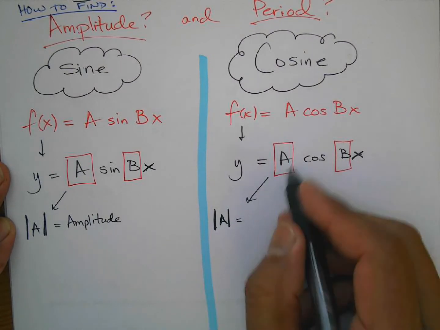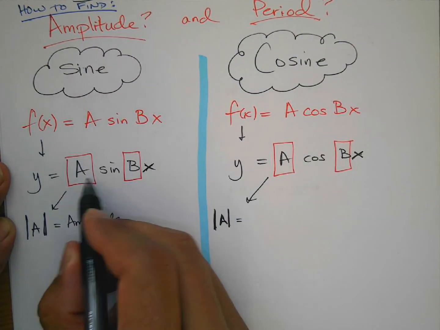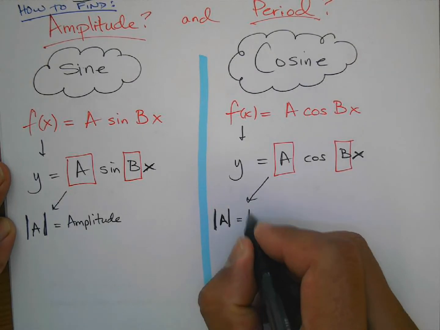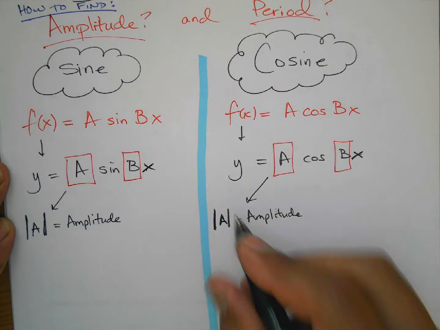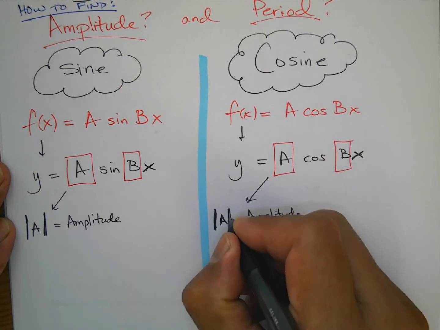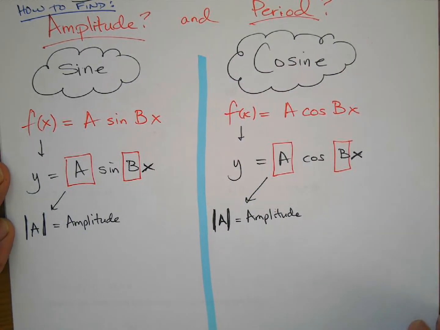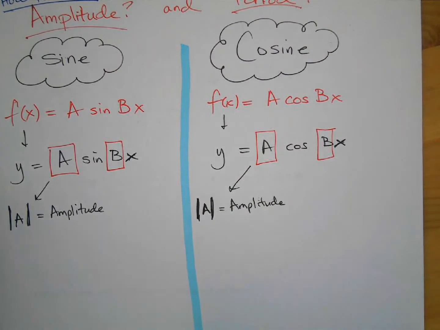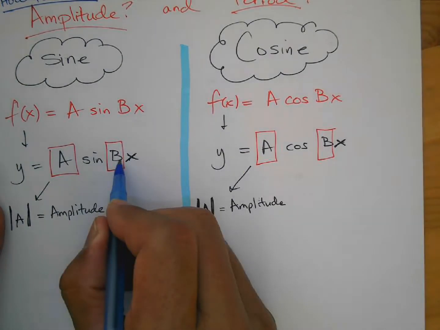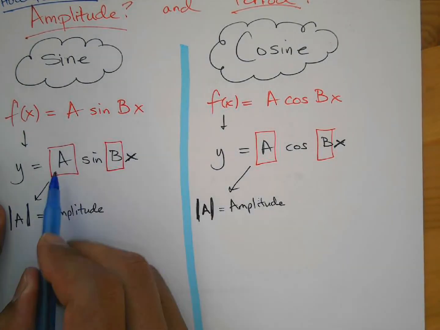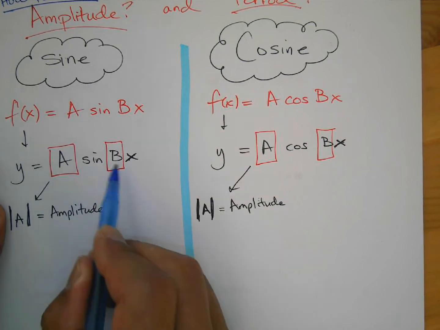That's what this first number you'll see in front of the sine or the cosine function is your amplitude. And even though I know you don't know what that means right now, I just need you to get the number. Later, you'll see what it represents in the graph. Now, this b here is going to be a number, not a letter.